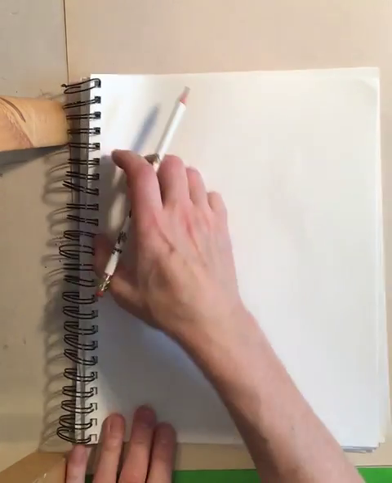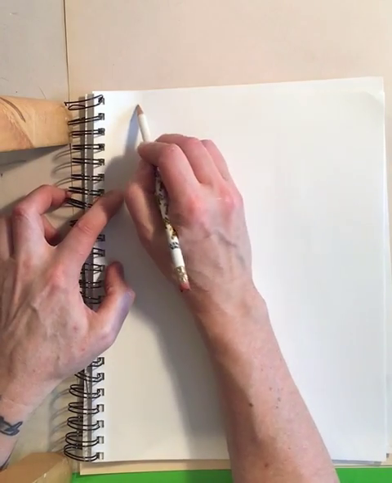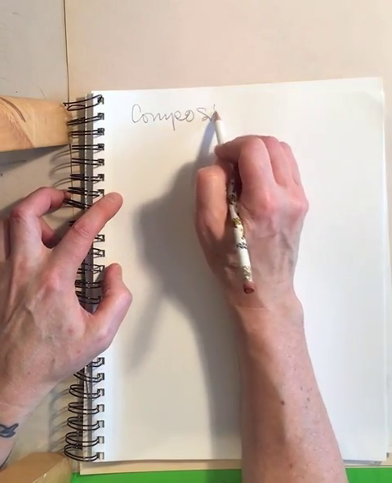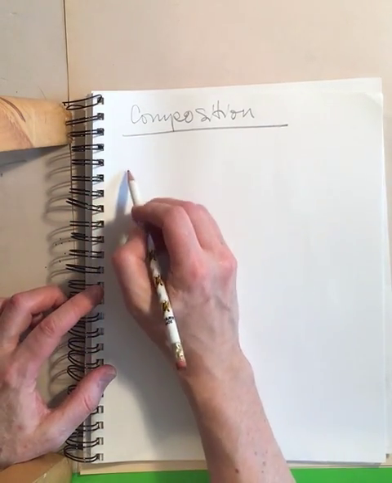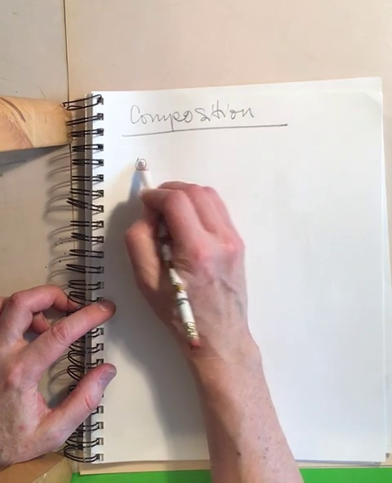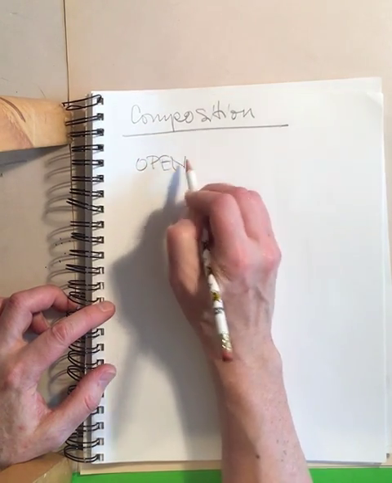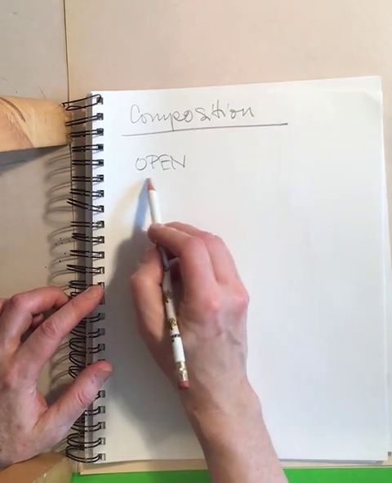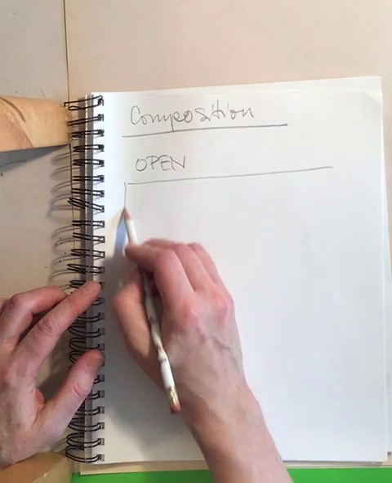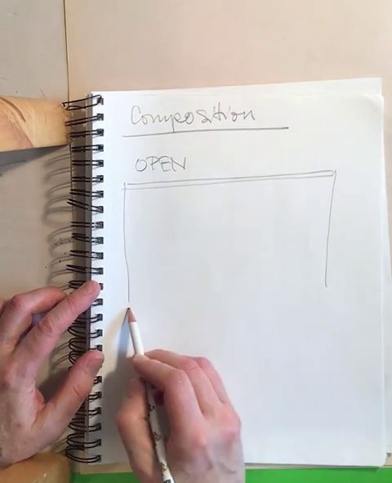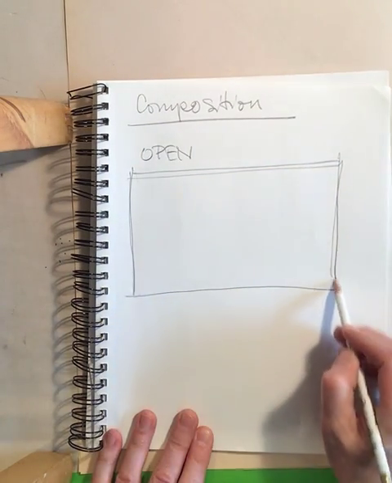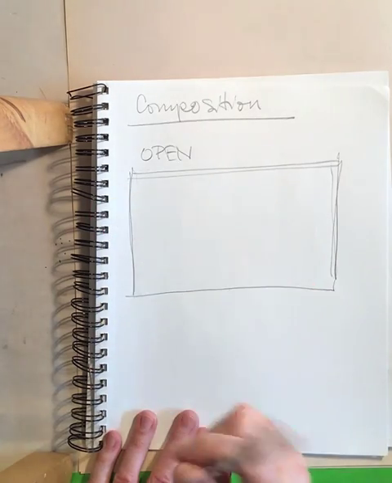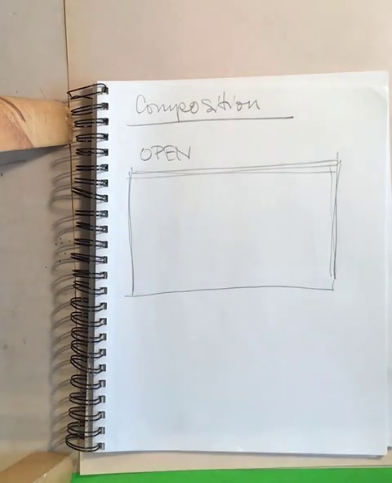And so this also applies with composition. What we're going to be doing for this first assignment is open compositions. And by open composition, it means, oh boy, having my camera overhead like this allows me to see whether or not I'm drawing straight.